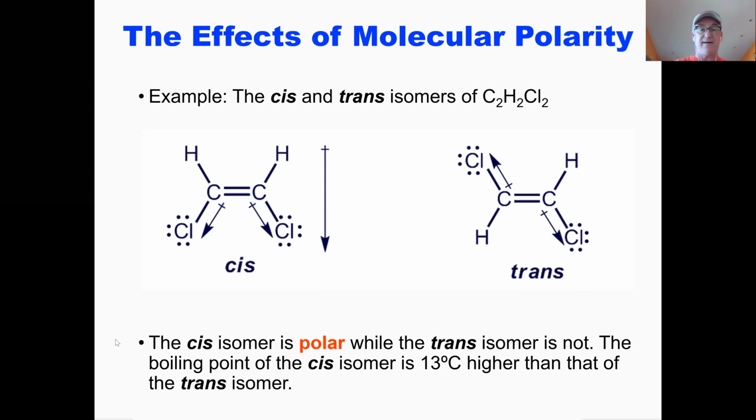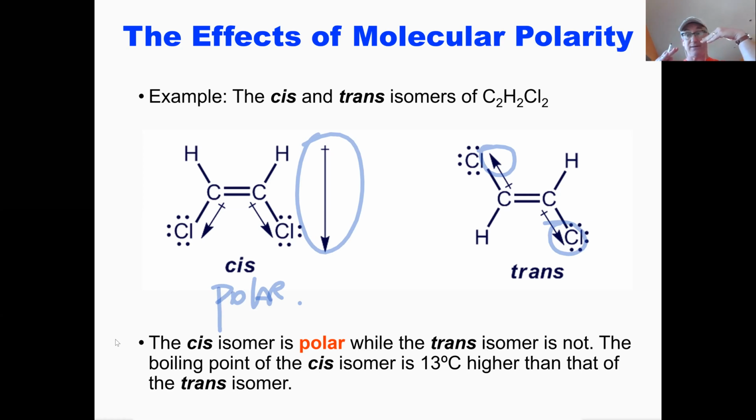Here on the cis side, both dipoles are pointing away from the carbons. That makes it polar, because when we add up those two bond dipoles, it points down. Now let's look at the trans. We have one dipole going in that direction, the other dipole going in the completely opposite direction, and they're exactly the same size. No net dipole.